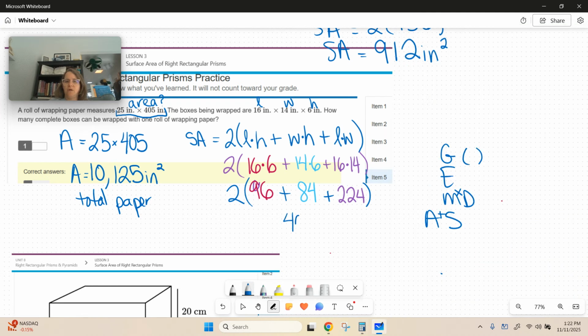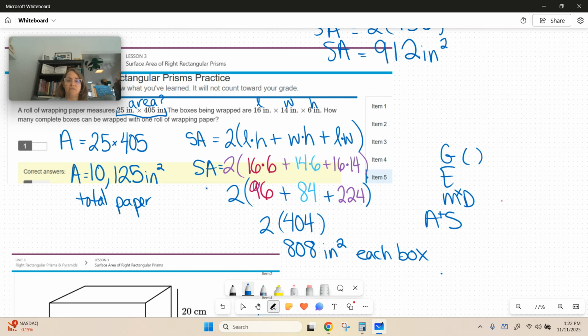This is 404. Now I can multiply that times 2 and I'll get 808 square inches each box. So this is all the surface area that needs to be wrapped. SA is for surface area.